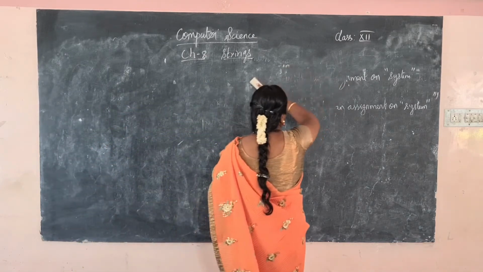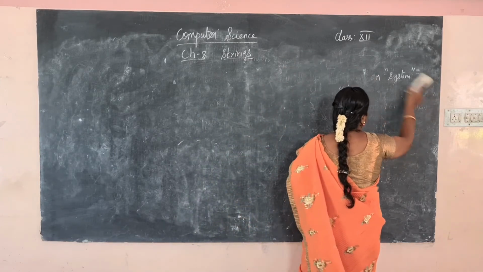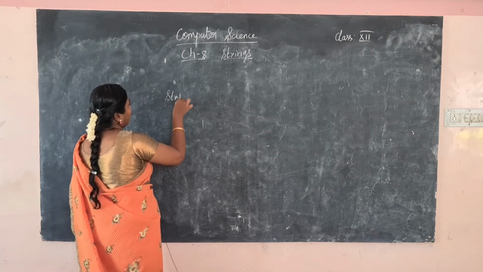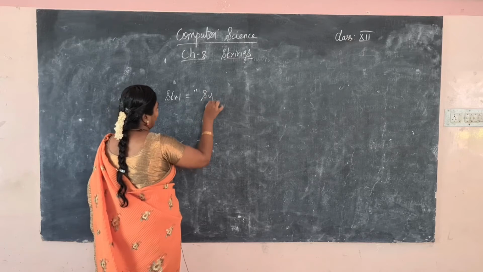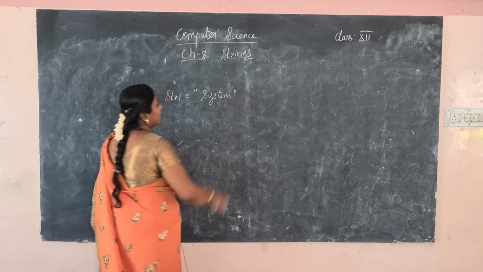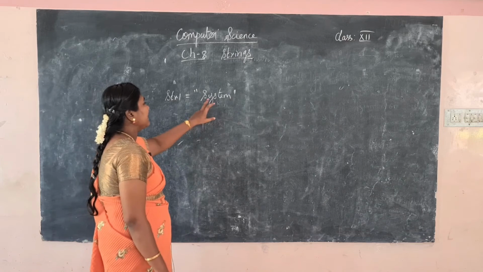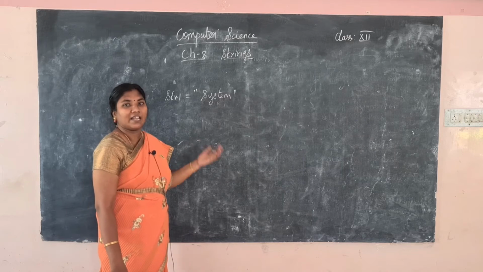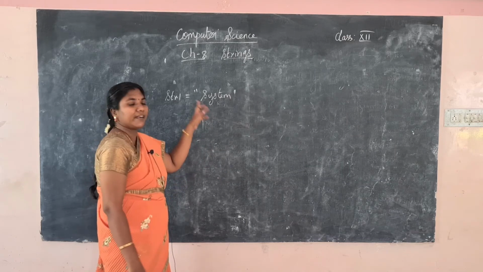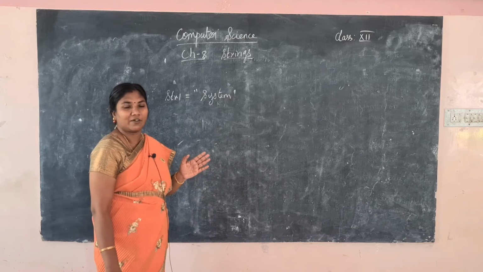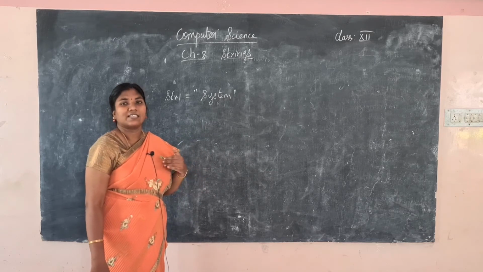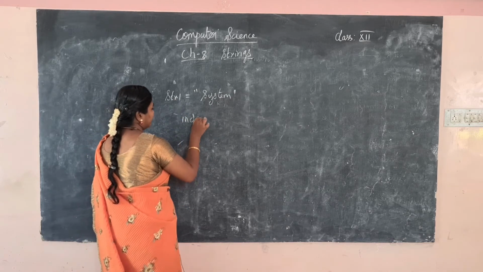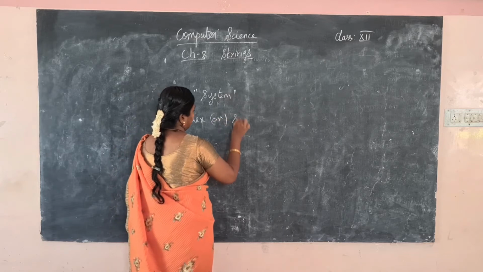We have seen already that a string is a combination of characters. Suppose I have a string1 which is equal to system. Consider this as a string. How does it get accessed? Each and every character is saved with an index value, and by that only we retrieve them. Each character is saved at an index, which we can call the index, or also subscript.